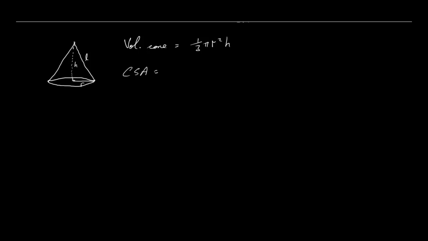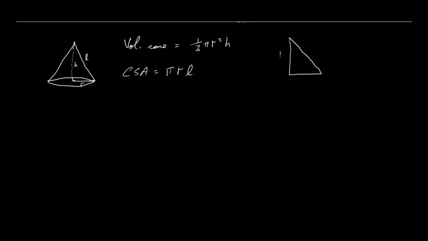The curved surface area is just going to be pi r L, pi multiplied by r multiplied by L, this length here. Now, by the way, if you look at a cone, from here down to the center of the circle, out to the edge and up here gives us a right angle triangle.